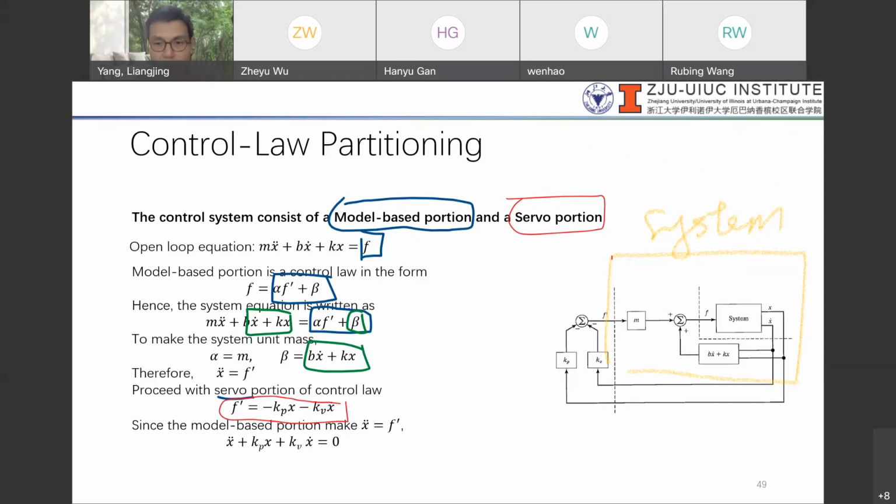Maybe I should write the boundary here. So you send in this f prime here. Now you already know your B, K, and M, so you can represent the system in this way.